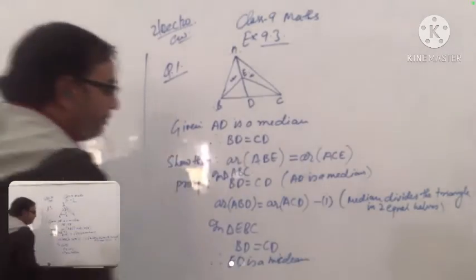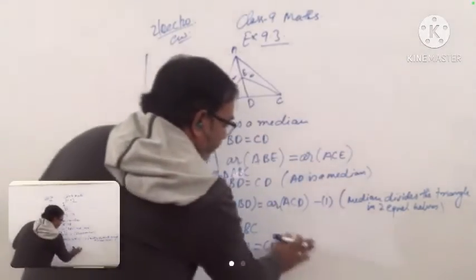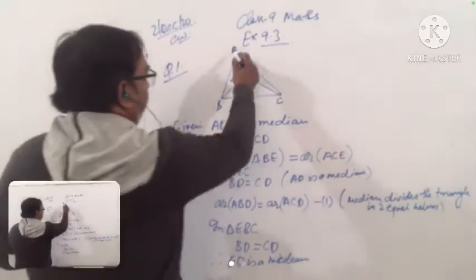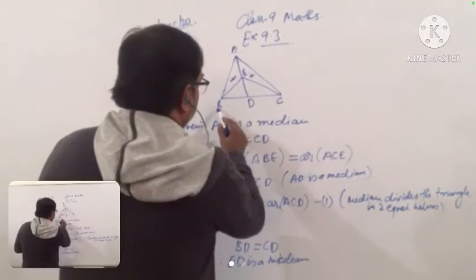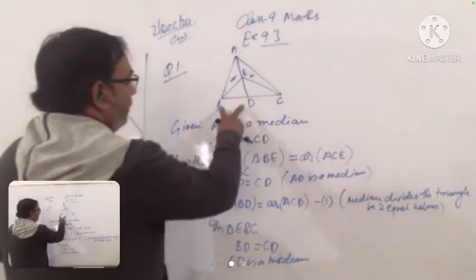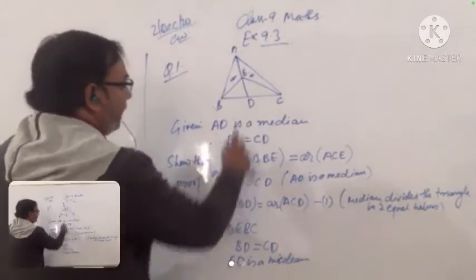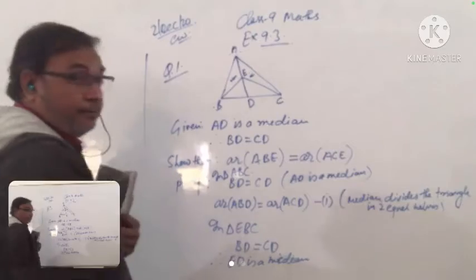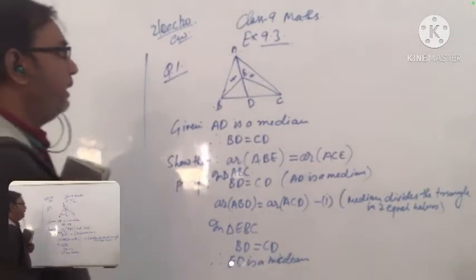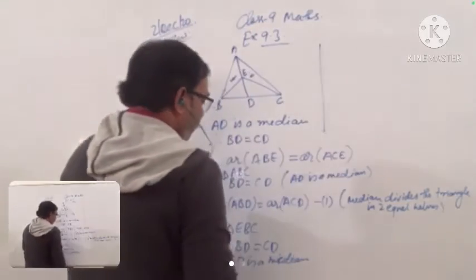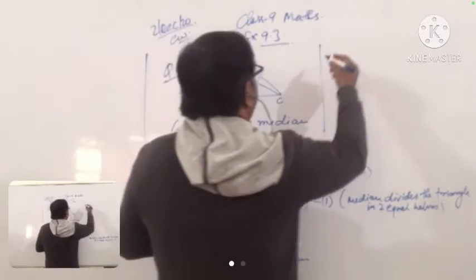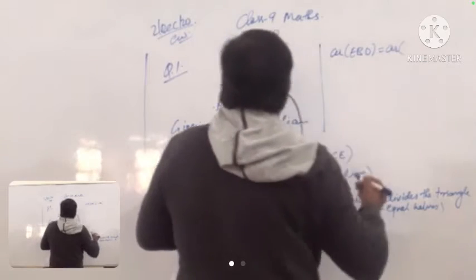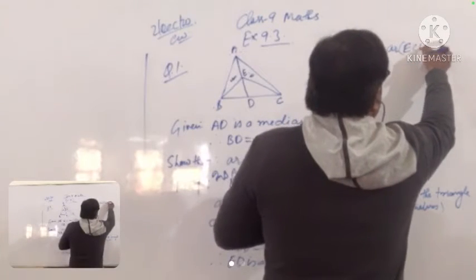AD is a median. ये समझ में आया कि नहीं आया? This is very much important. We know that AD is a median and it divides the base into equal halves. Means BD is equal to CD. If we are in a triangle EBC, this is also a median. So if ED is a median, the area of EBD is equal to area of ECD.